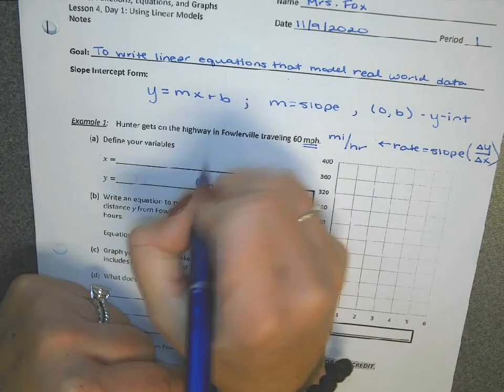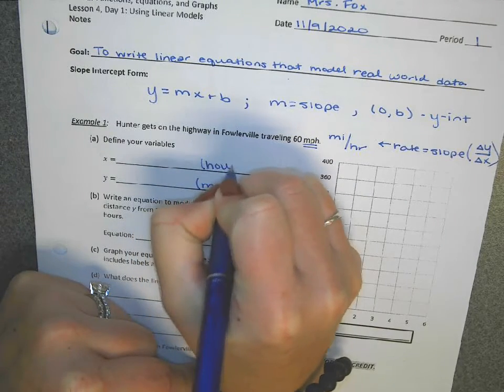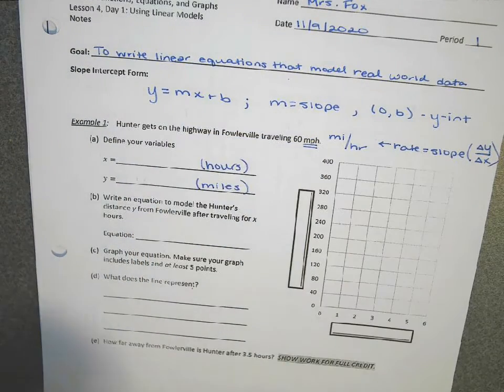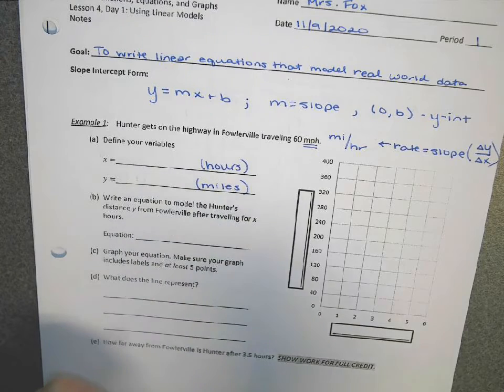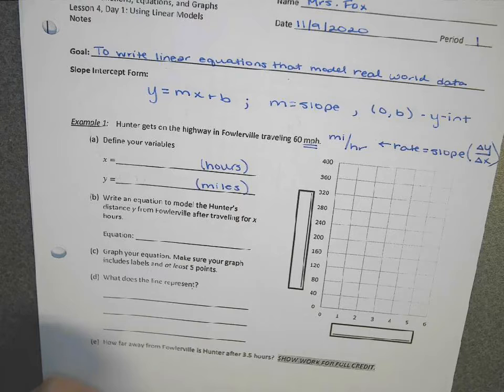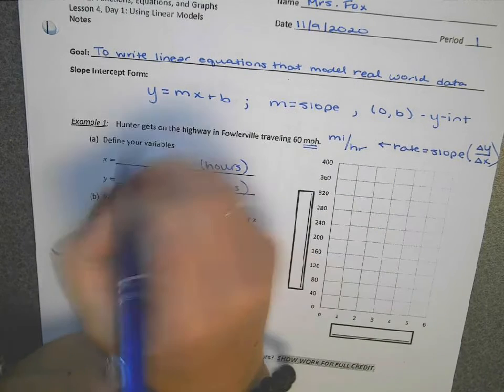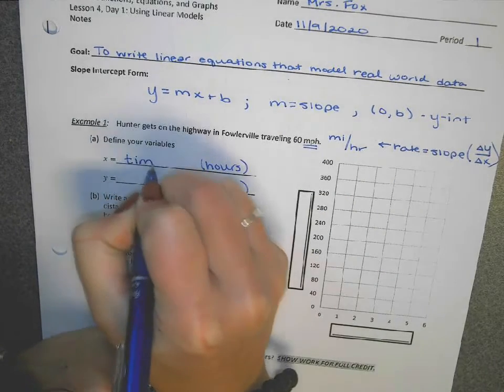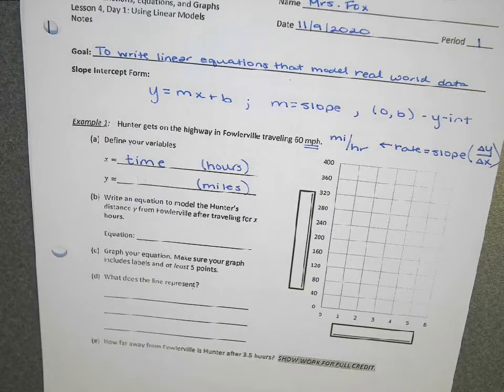Hours. Okay, if I'm measuring in hours, what is it that I'm actually measuring? If my unit is hours, what is it that I'm actually measuring? Time? Time is measured in hours, right?